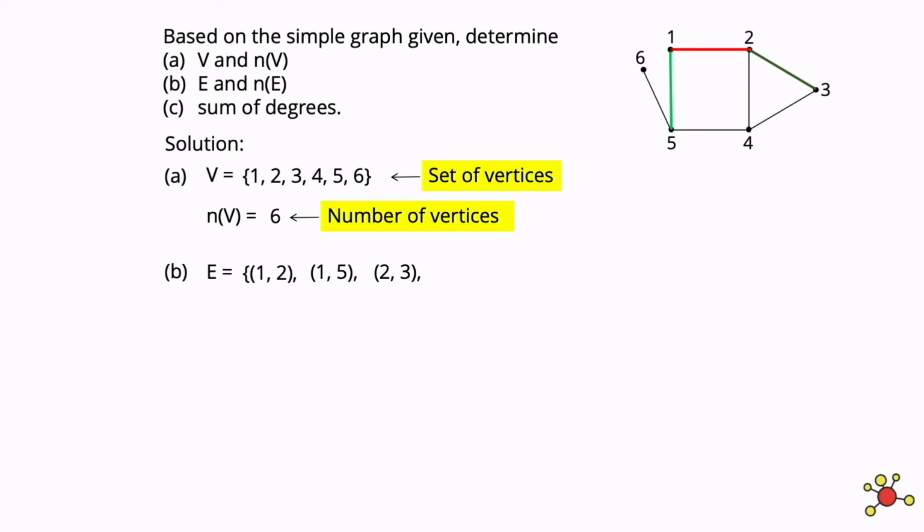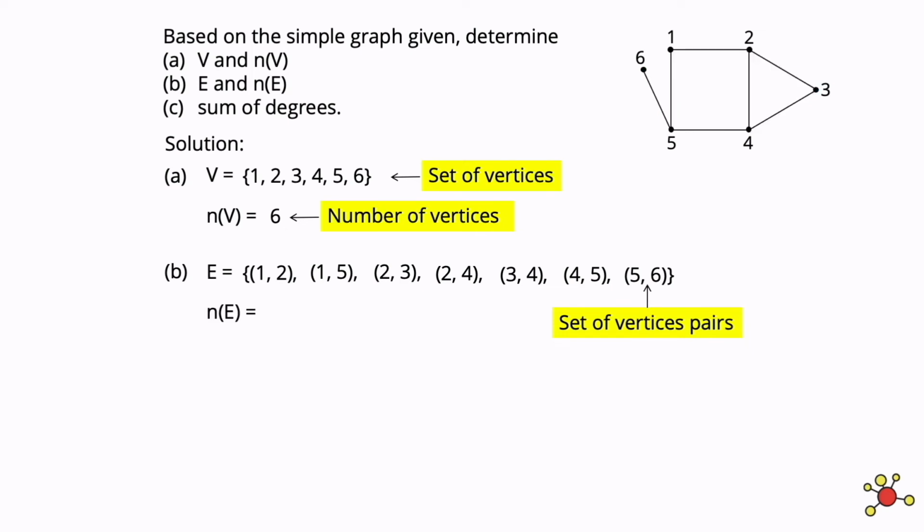Vertex 2 to vertex 4, (2, 4). Vertex 3 to vertex 4, (3, 4). Vertex 4 to vertex 5, (4, 5). And vertex 5 to vertex 6, (5, 6). These are the set of vertex pairs.